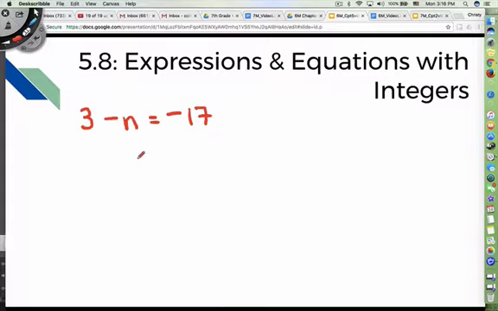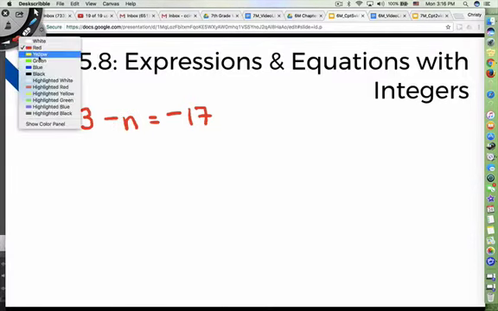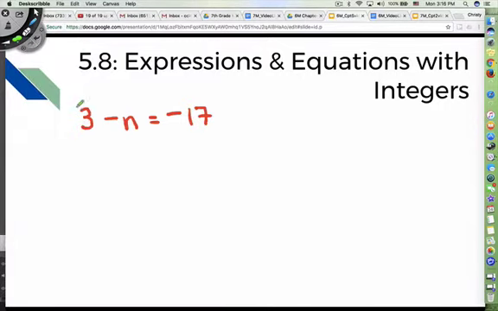What we would do here is we want to isolate the variable, and the variable has to be positive. The variable absolutely has to be positive. So we're going to move this variable to this side so it's positive. We're going to add n to both sides, and then we get 3 is equal to negative 17 plus n.